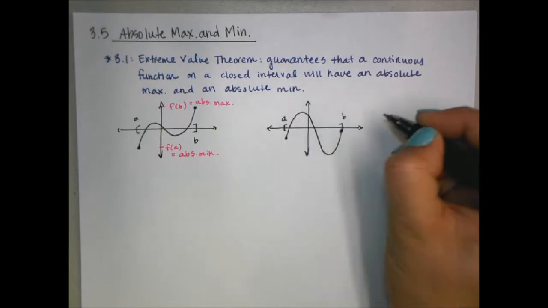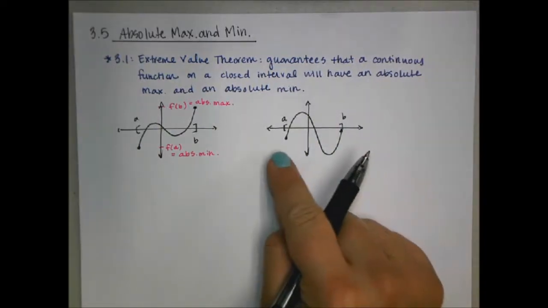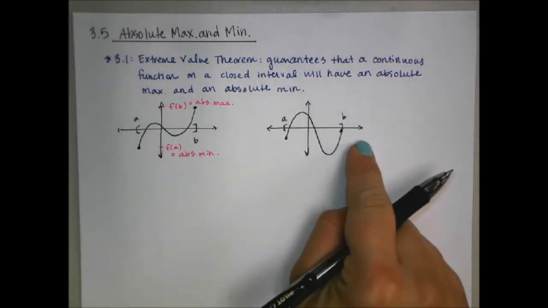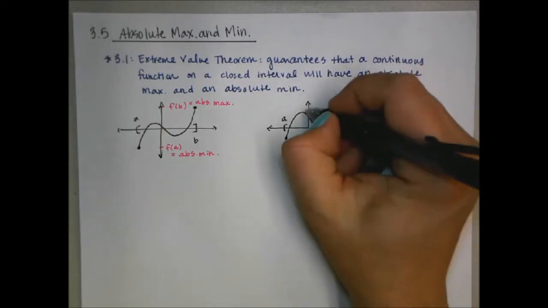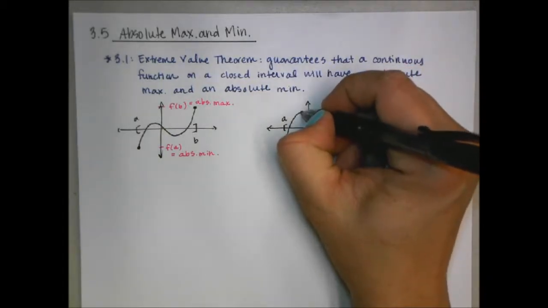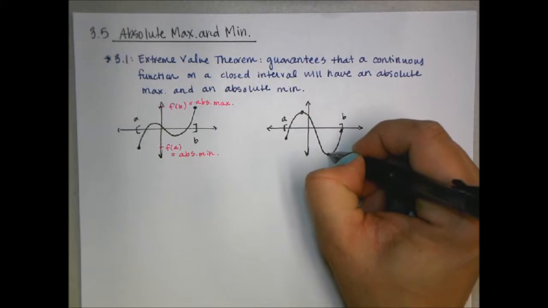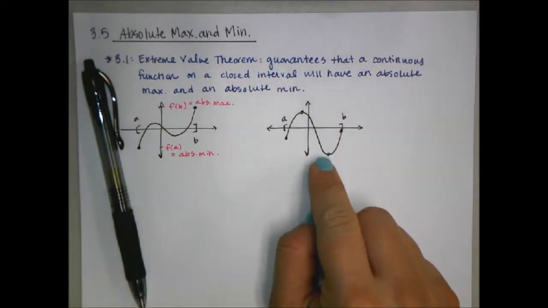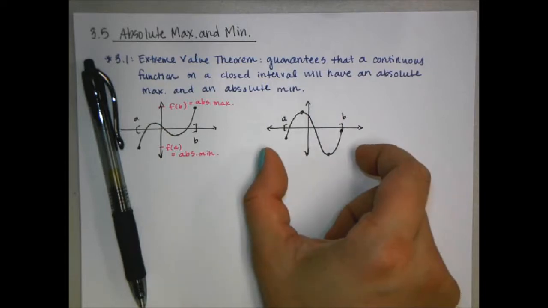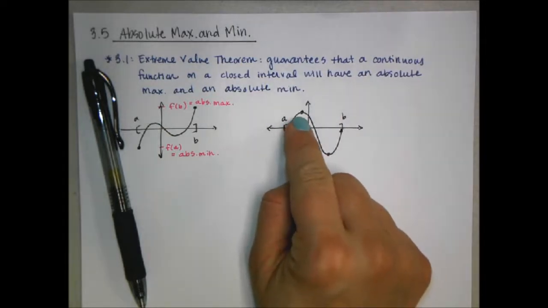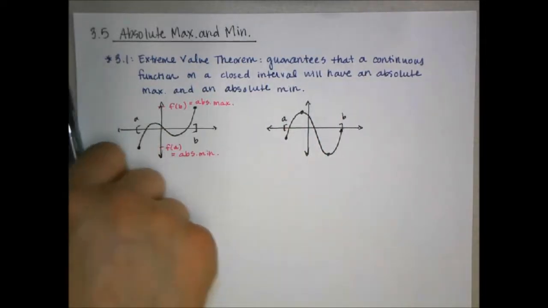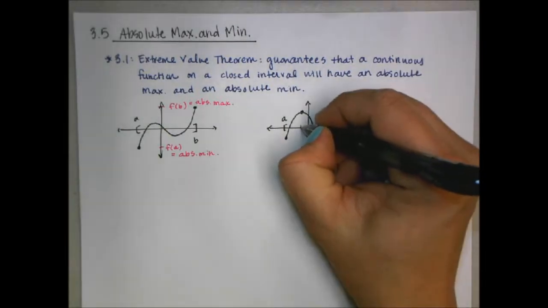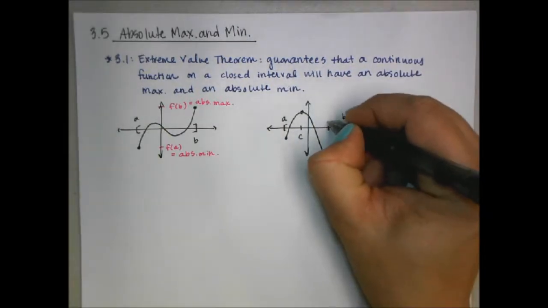So another closed interval, a to b. This time, though, the endpoints are not the highest or lowest points overall. My highest points are somewhere in between. We call these values our relative max and our relative min, but notice on a closed interval, that is the highest value overall, and this is the lowest value overall.